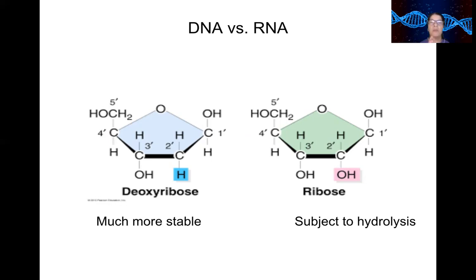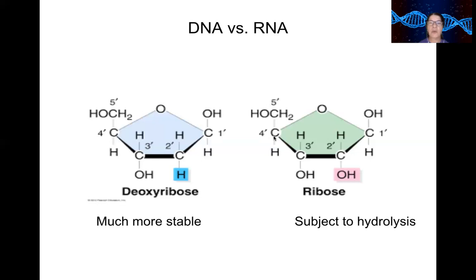So what properties have we changed here? Because ribose has a hydroxyl group in this position, it is subject to hydrolysis, so breakdown by water. So ribose-containing molecules are less stable. Deoxyribose does not contain a hydroxyl group in this position, and therefore is more stable.